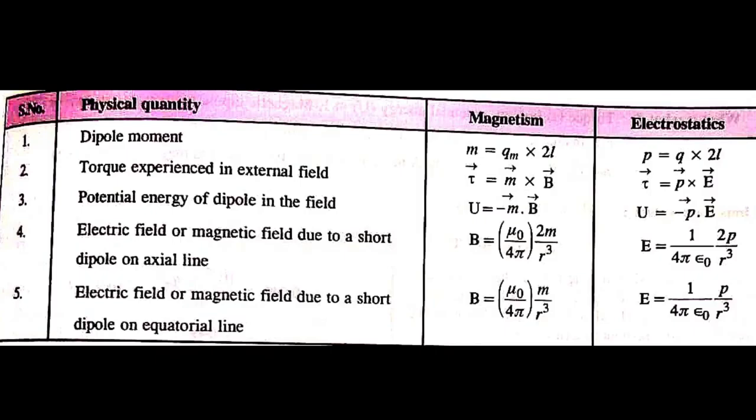Now you can easily observe that there are various physical quantities with respective formulas in magnetism and electrostatics, and there are similarities in both the formulas, so that they are easy to learn, or easy to cram for numerical purposes.